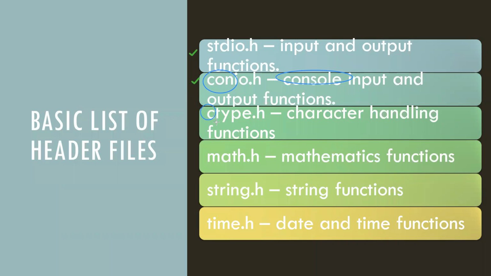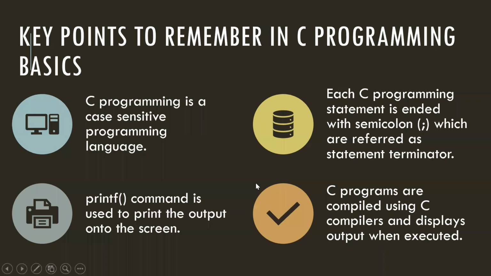Then ctype.h, this means character type. It's going to handle the different characters. And of course, these all have their own functions. Next is math.h, if you need mathematical functions; string.h is for text functions. Then last is time.h. If you need time functions, you can use the time.h header.